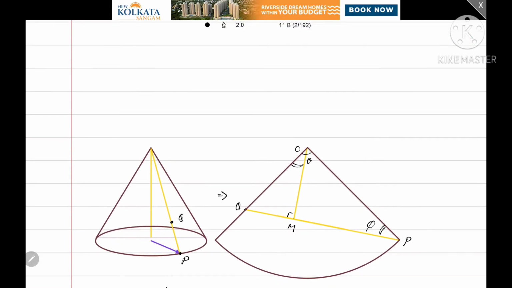Now let us see. Here what I have done, I sliced from O to P by a line and slashed. Now we can see it will display in the form of a sector in a plane and this sector has a peripheral arc that is the same as the circumferential length of the base of the cone.